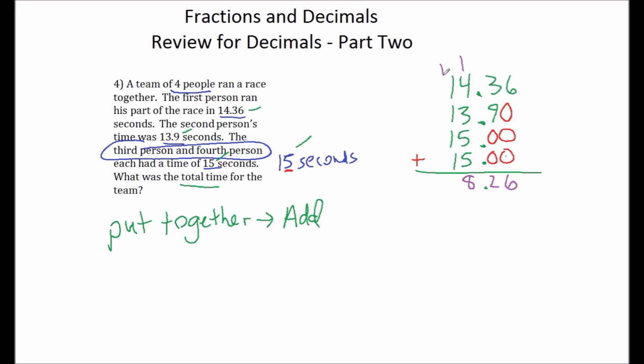And then 1 plus 1 plus 1 plus 1 plus 1 gives us 5. So there's our answer, 58.26 seconds. Because they're asking about time, and all these were time measurements, 58.26 seconds is my final answer.